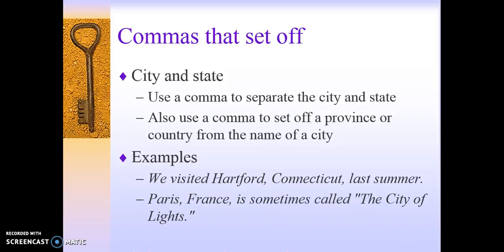So you're going to put a comma after the word Connecticut, after the state. The same thing here is with Paris, France, is sometimes called the City of Lights. Now it doesn't look grammatically correct, but it is grammatically correct when you use this information in a sentence, particularly when the city and state is found in the middle of a sentence or at the beginning of a sentence.